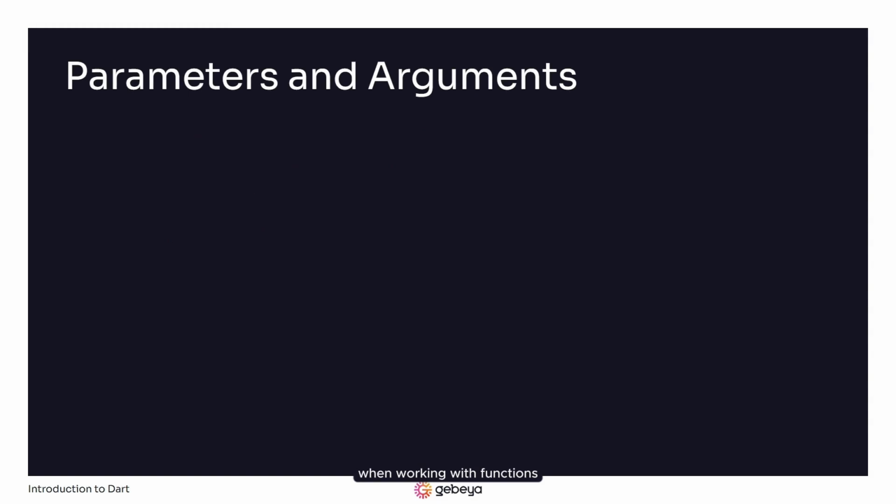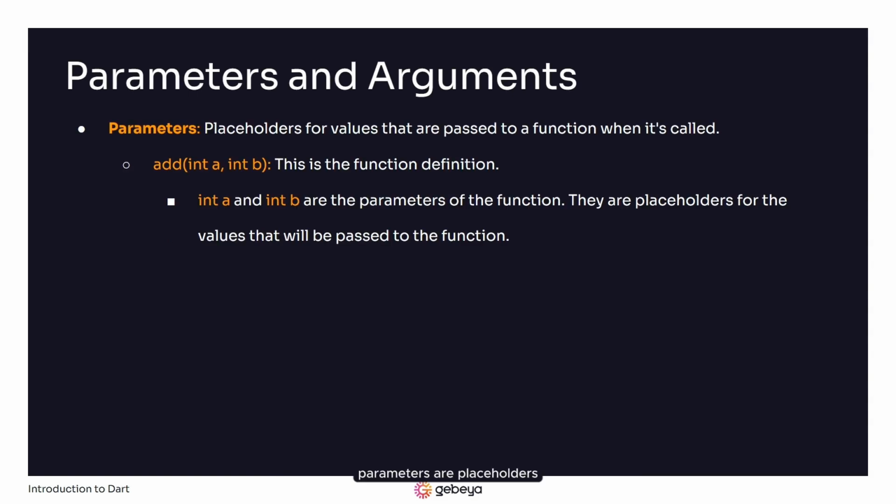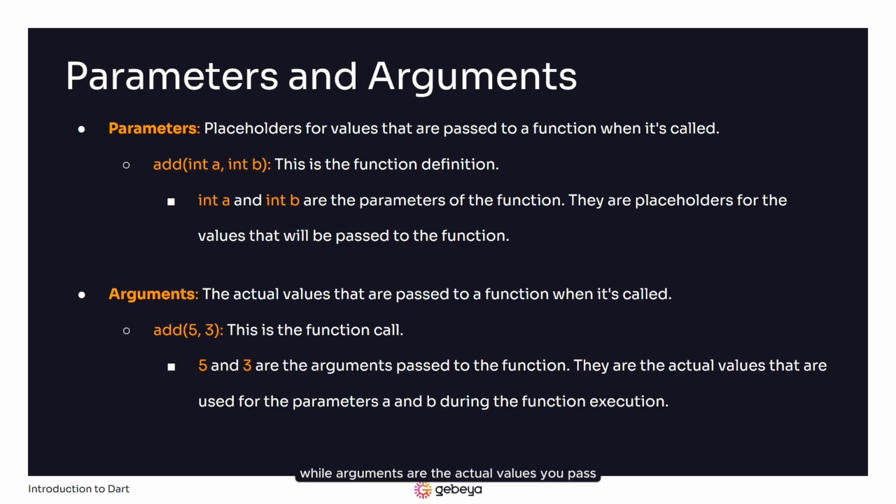When working with functions, it is important to understand parameters and arguments. Parameters are placeholders for values passed into a function, such as a and b in add(int a, int b), while arguments are the actual values you pass when calling the function, like add(5, 3), where 5 and 3 are the arguments.